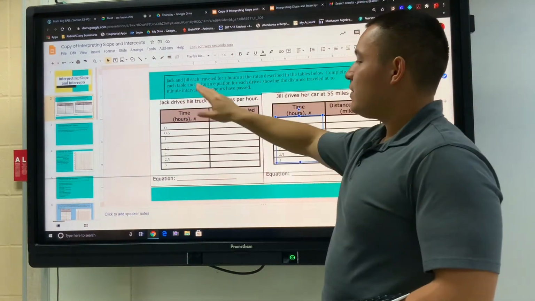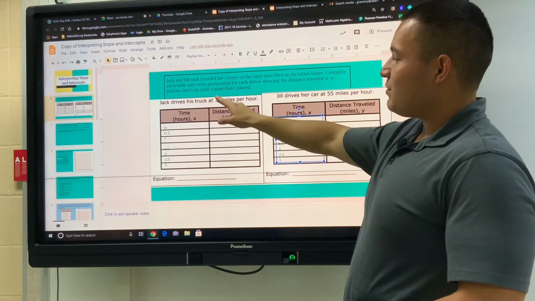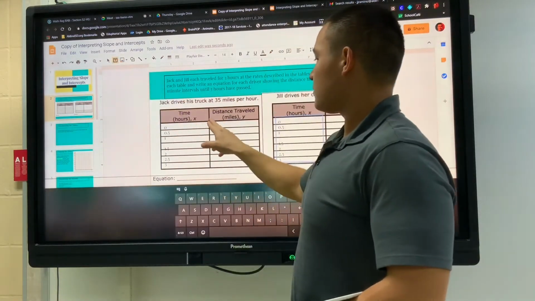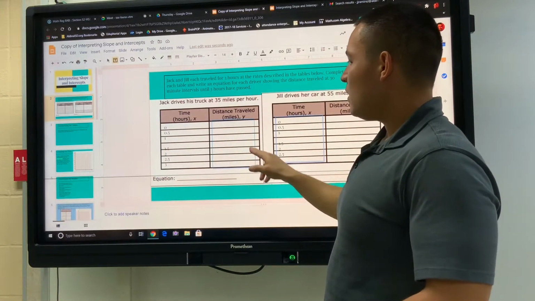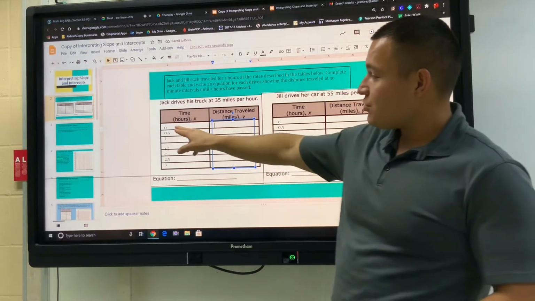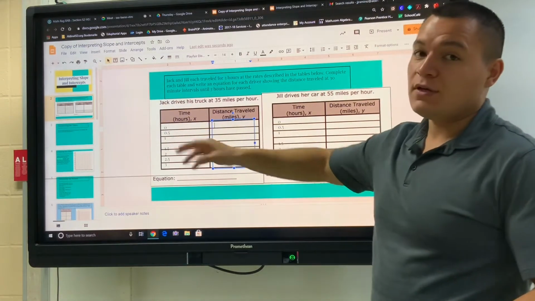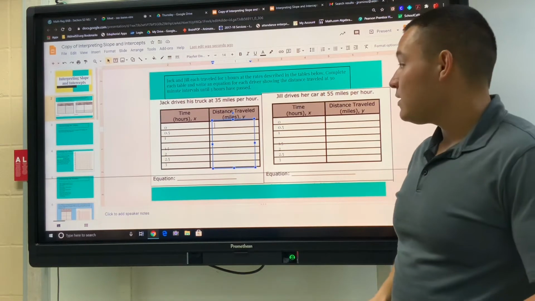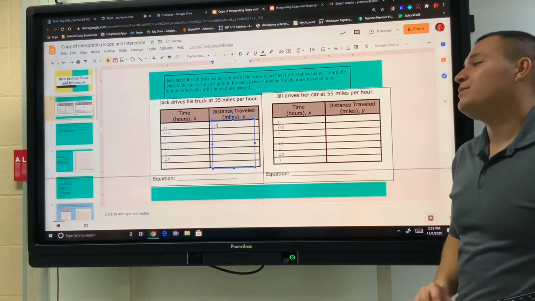The difference is Jack is traveling at 35 miles per hour. Jack is going at 35 miles per hour, but if the time is 0, he's just barely starting his watch and he's about to put his foot down on the gas, then he hasn't moved at all, 0 miles.